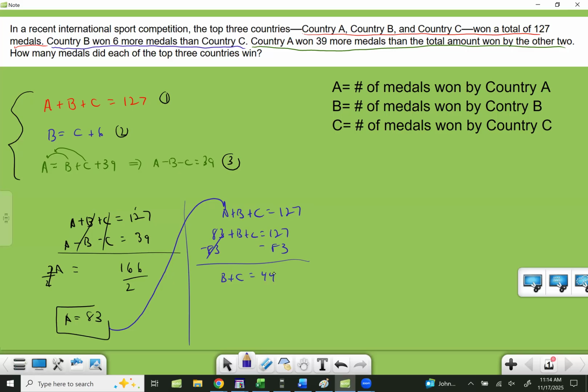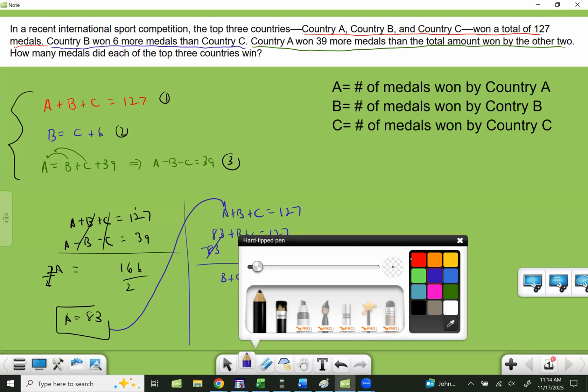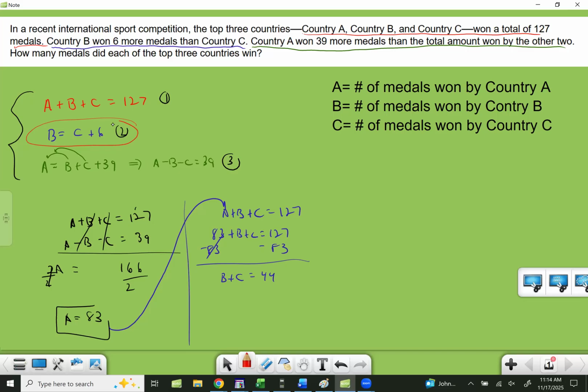And now what I can do is put this equation with equation 2. What do we know B is? B is C plus 6. So I'm going to go ahead and put C plus 6 in for the B. So we have C plus 6, but don't forget your other plus C, and now we'll be able to solve for C. So C plus C is going to get us 2C, plus 6.